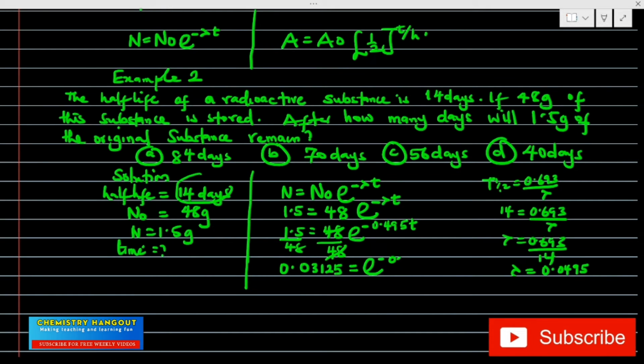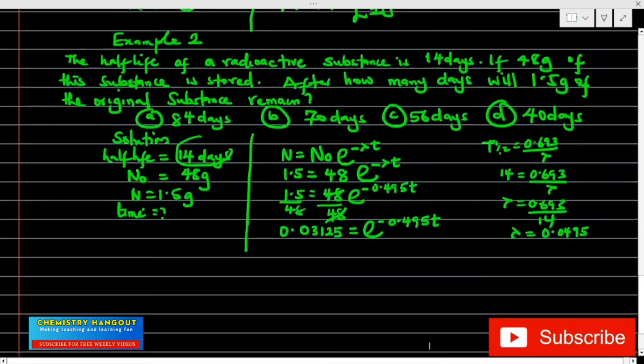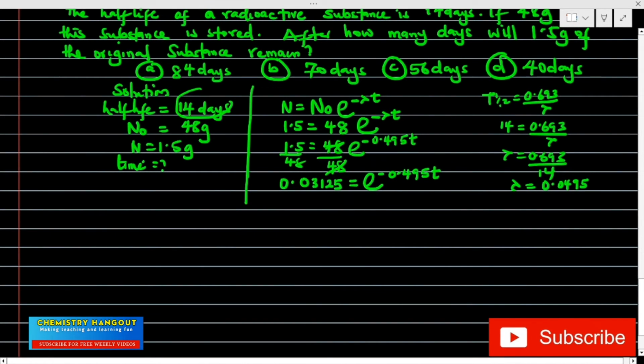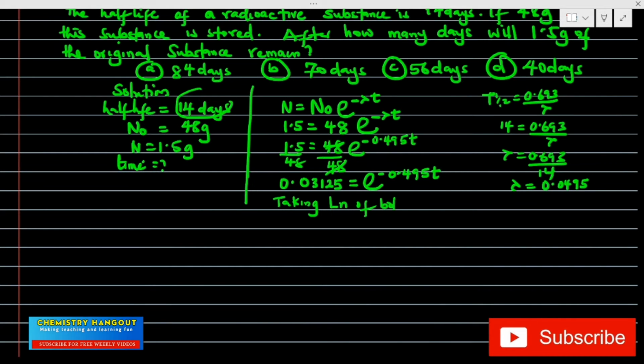So from here, we want to eradicate the exponential now. What do we do? We take ln on both sides. So taking ln, that's natural log, of both sides, I'm going to have ln 0.03125 is equal to, so the ln will cancel out the exponential, minus 0.0495 t.